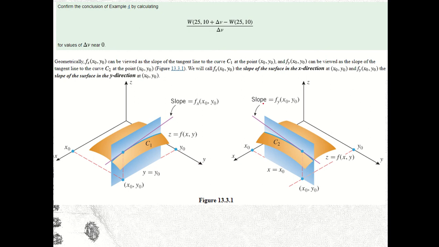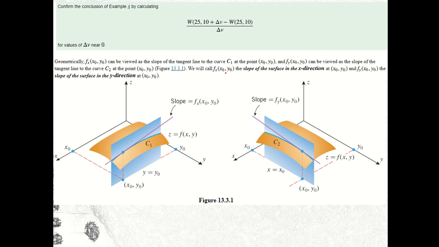All right, so we will call this partial derivative of the given function with respect to x at this point, they're just the same, the slope of the surface in the x direction at x sub 0, y sub 0.